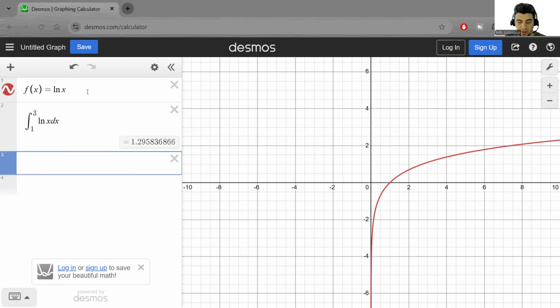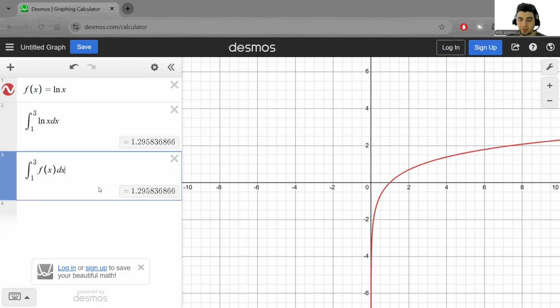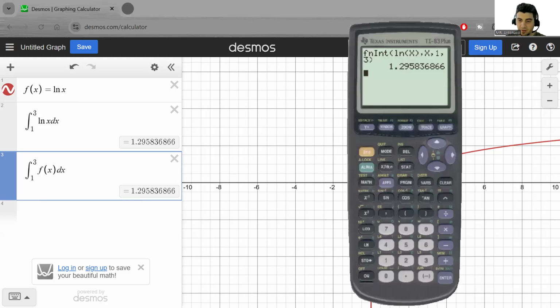If you have the function defined previously, you can do int, then 1, 3, f of x dx, and it's going to work because we already named what f of x is right here. Now, it doesn't graph the area under the curve or anything like that, but you can still get the answer. And notice we got the same thing there as we did on the calculator of 1.2958.